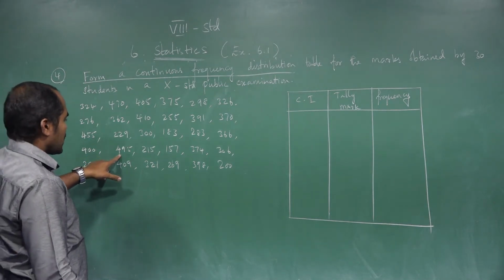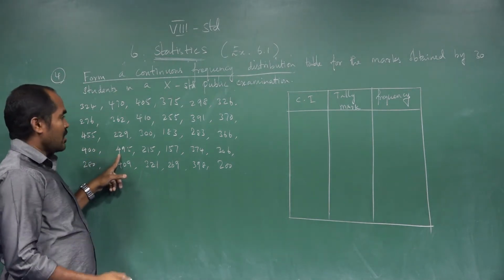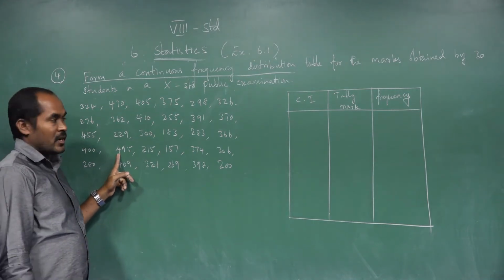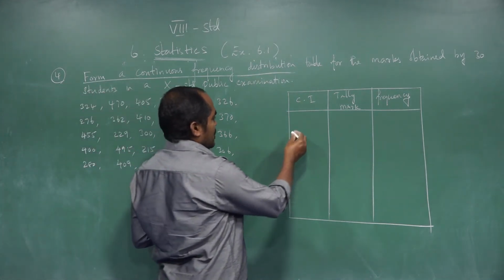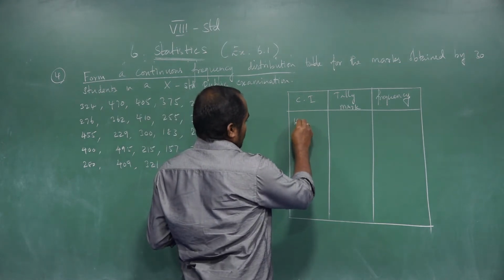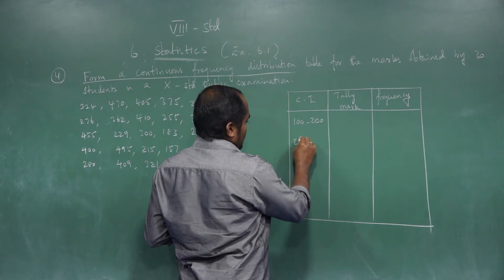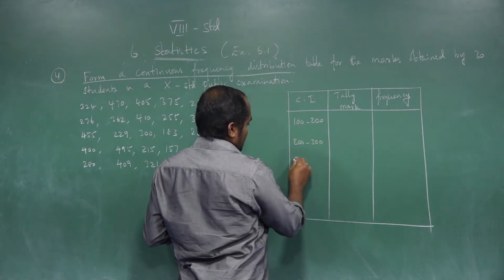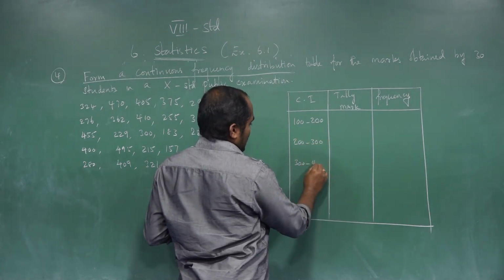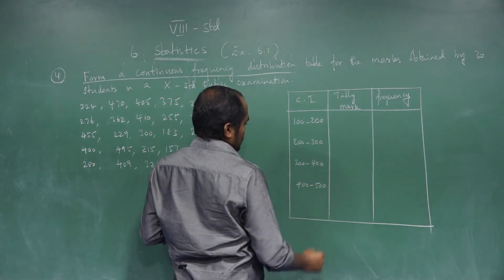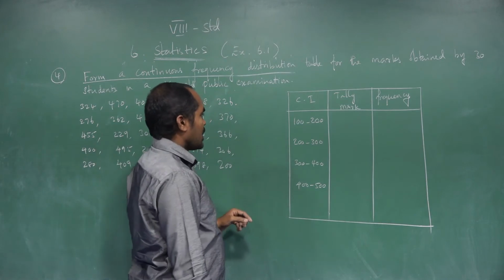So the least mark is between 100 and 200, and the highest mark is between 400 and 500. So the classes are 100 to 200, 200 to 300, 300 to 400 and 400 to 500. So we divide into 4 class intervals.